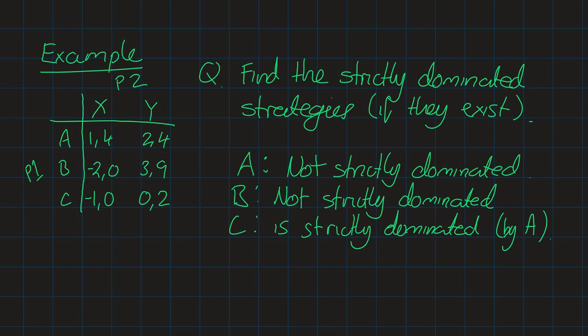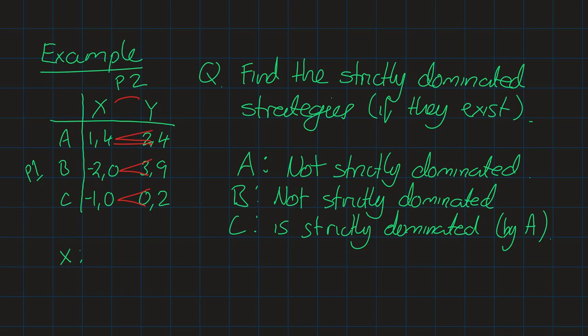Now let's look at X and Y. If I compare X and Y, I see that 4 is less than or equal to 4, 0 is strictly less than 9, and 0 is strictly less than 2. So this isn't a strict domination, this is a weak domination, because not all of these inequalities are strict.